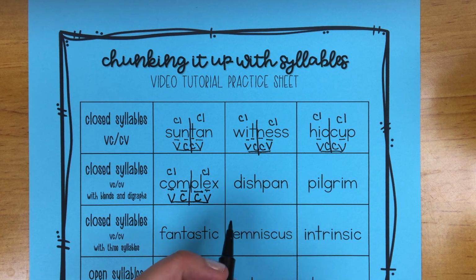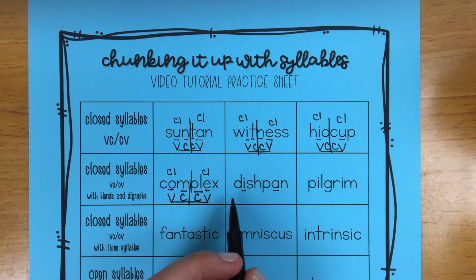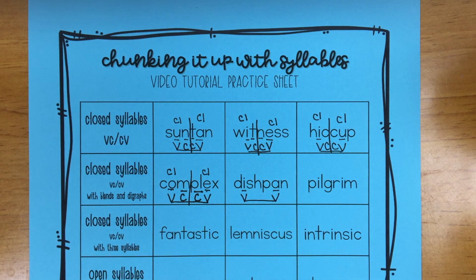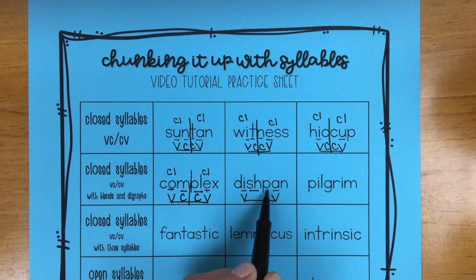Go ahead and find your 2 vowel sounds. Label them with a V and build your bridge. Can you guess what 2 letters we're going to group together? That's right, it's the SH digraph.